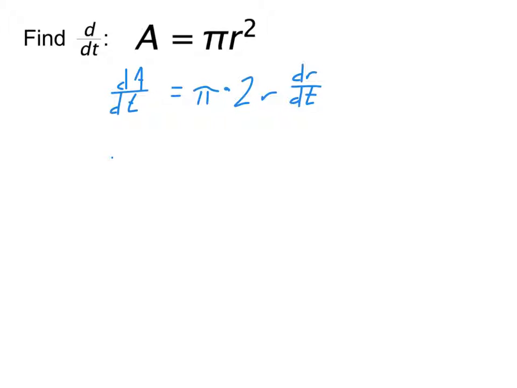Now, we could clean this up a little bit, but basically we're done. The last thing I would do is just tidy this on the right side a little bit. I'd call it actually 2 pi r dr over dt. And you can put parentheses around the dr over dt if it makes it easier for you to read. They're optional. It just needs to be clear what you mean.